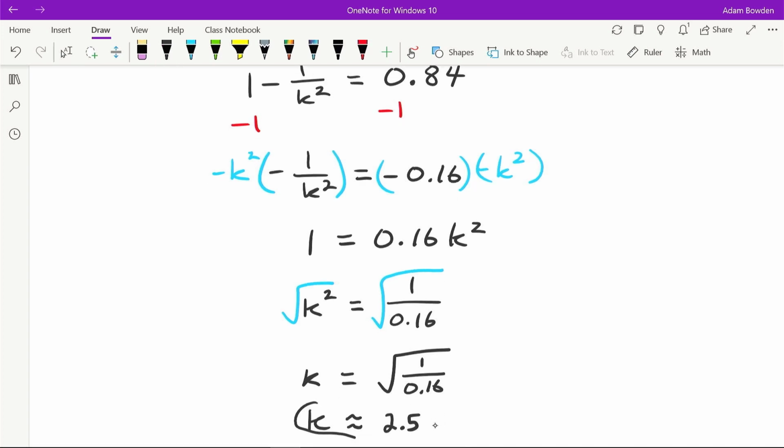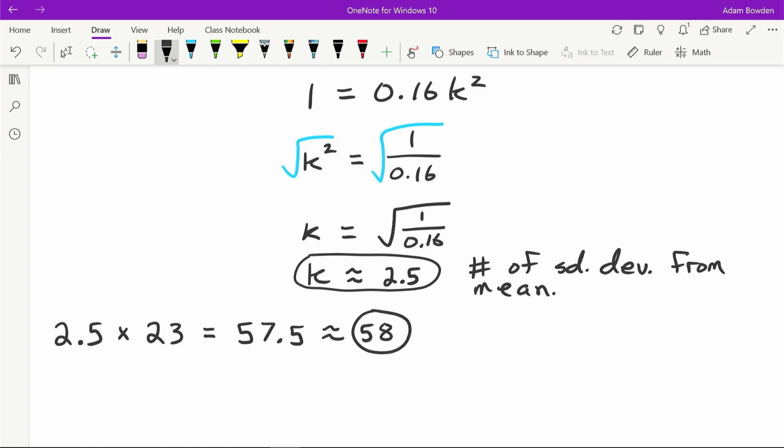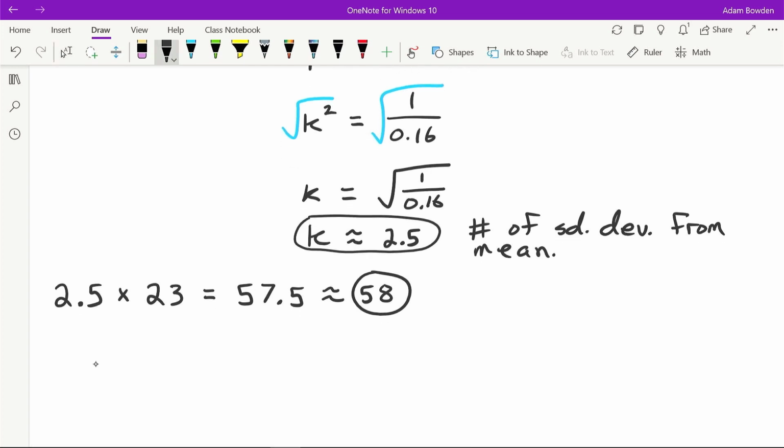The way we interpret this number k is the number of standard deviations from the mean. So I'm going to take this number 2.5 and multiply it by the standard deviation, 23. That comes out to be 57.5, which I'm going to round up to 58. That is the distance from the mean that we're going to travel on either side.